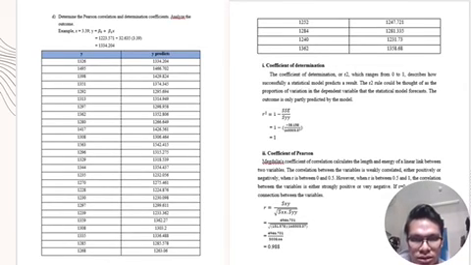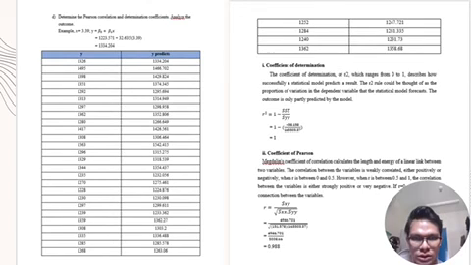Okay, this is the equation to get R2. R2 is equal to 1 minus SSE divided by SYY. So 1 minus SSE, which is our value of SSE, negative 38.158, then divide by SYY, which is 165,503.37. Then we will get R2, which is 1.